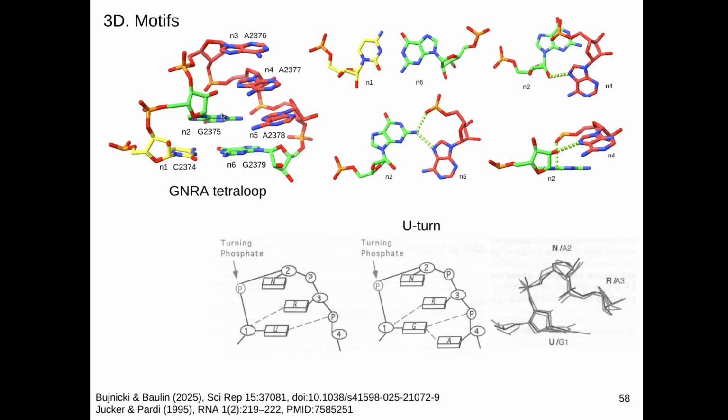Then we have an interaction of this sugar with this adenosine base. So this is a base-ribose hydrogen bond. Then we have A-base capping of a phosphate oxygen, this one. So this is the base capping, and this is the base-ribose hydrogen bond.